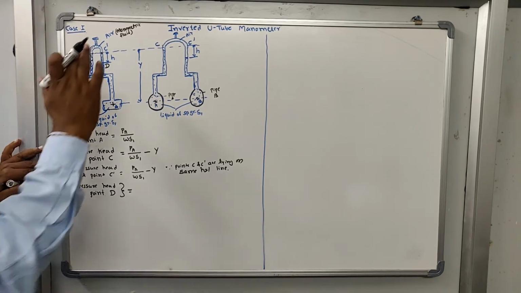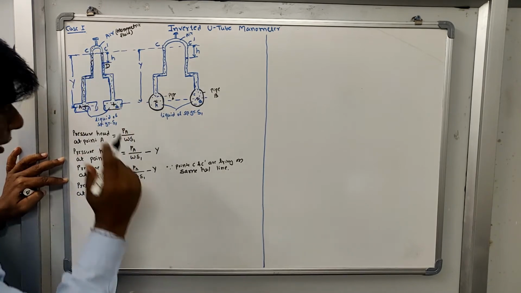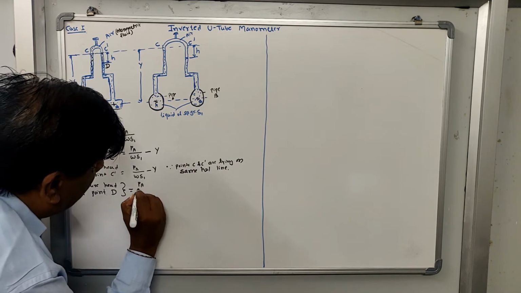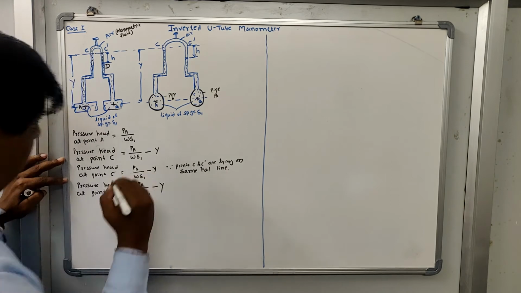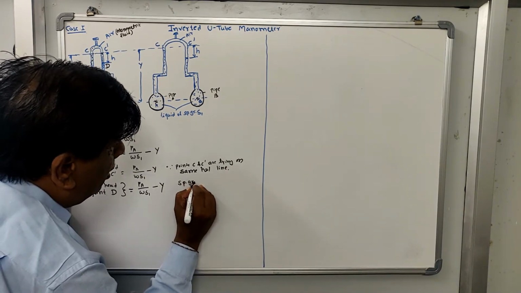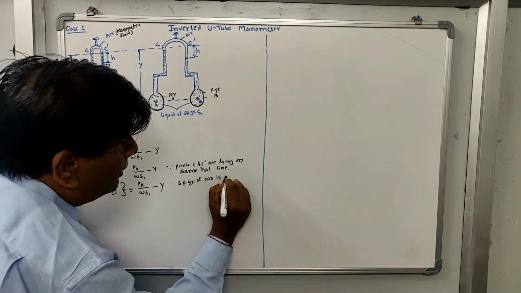So whatever pressure head you are getting at C dash, you are getting the same pressure head at point D. So at point D, pressure head is PA by WS1 minus Y. Okay. Specific gravity of air is negligible.